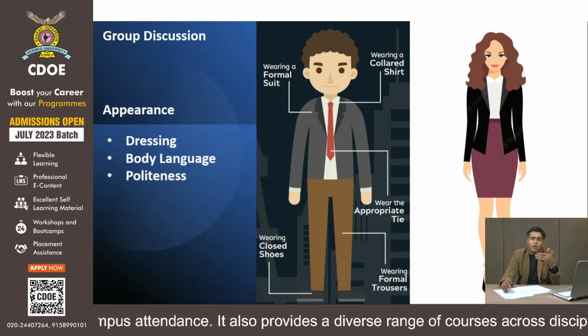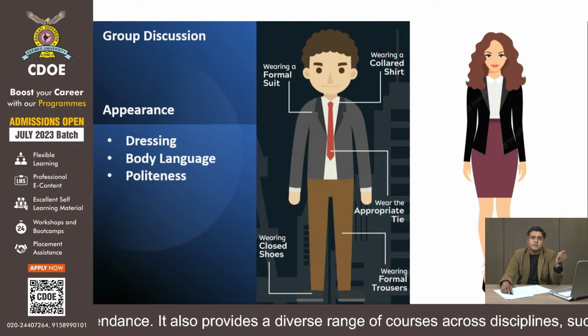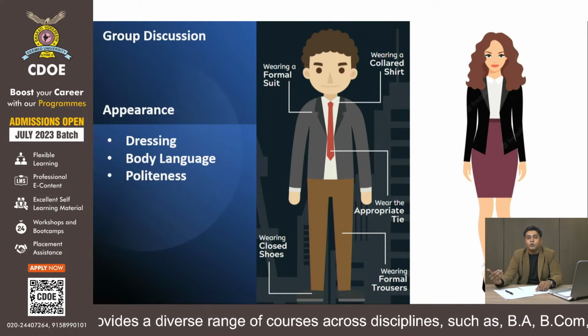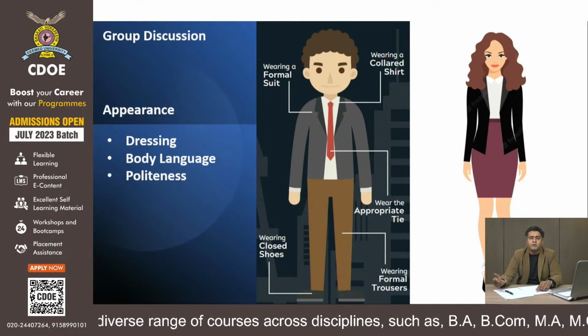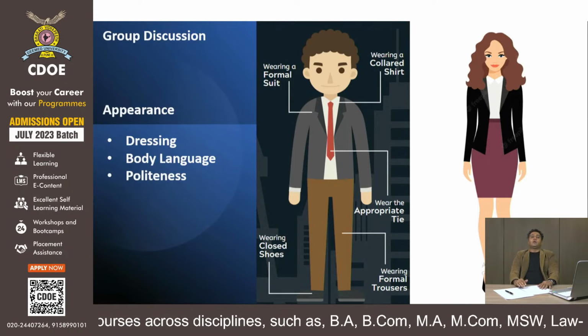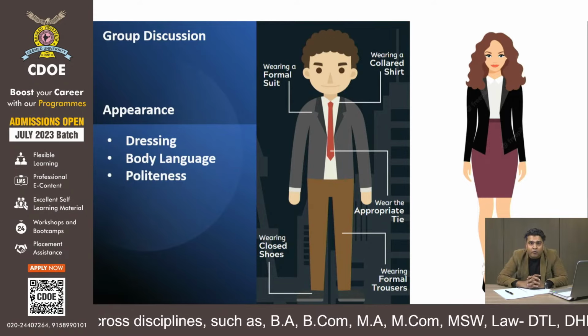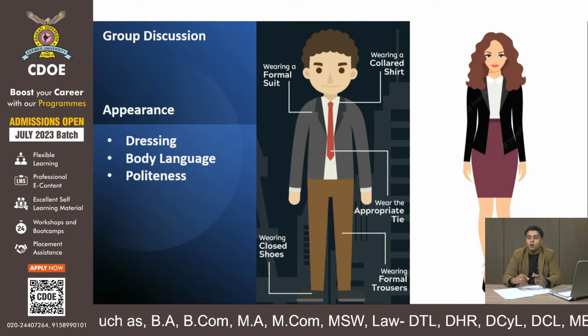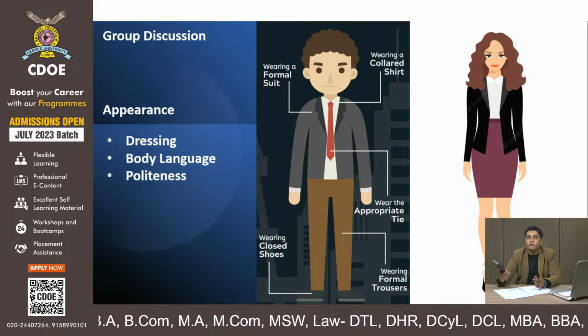Now when we are talking about body language, there are different body language parameters. We'll go into details about what to do and what not to do during a group discussion, but some of them are the way you're standing, the way you're talking, maybe you're leaning around or you're too forward on the table, or maybe you are just fiddling with your pen, or maybe you're looking at your mobile phone every now and then.